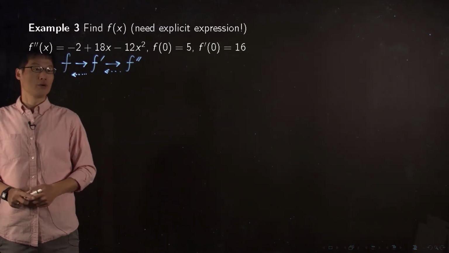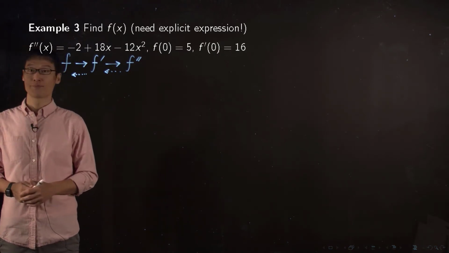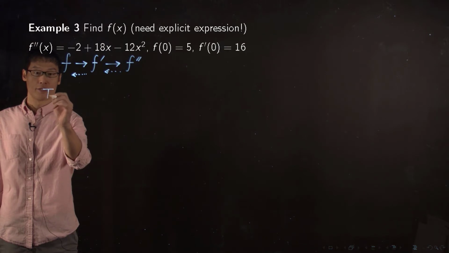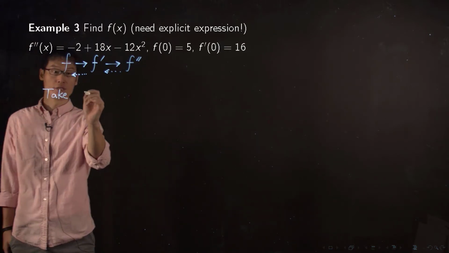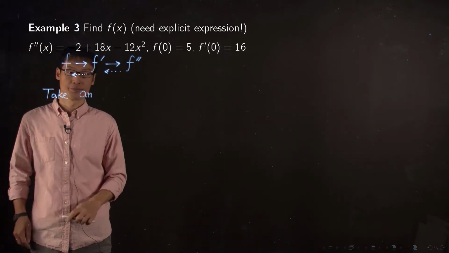So first we take an antiderivative of f double prime.